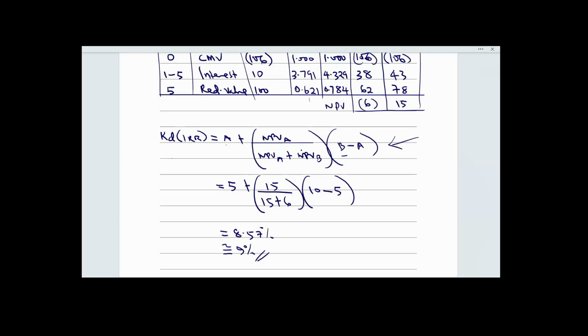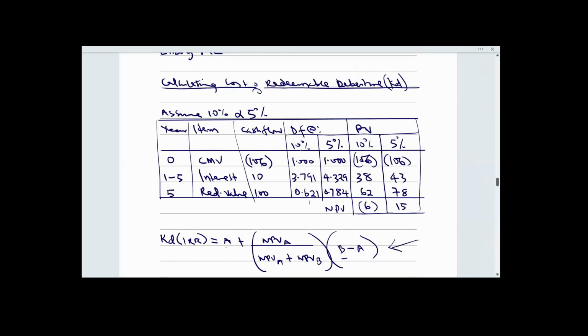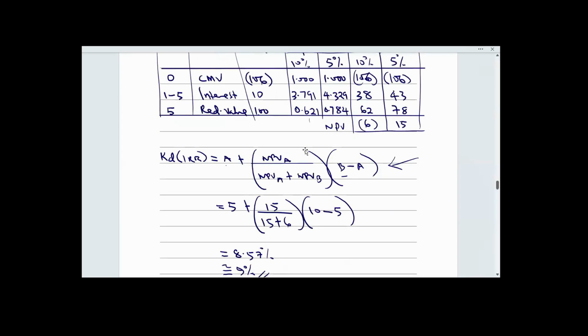Look at our calculation of NPV, we assumed 10% discount and also 5% discount. 10% is higher than 5, isn't it? Yes, sir. So that's how we got the 10 and 5. B is 10%, A is 5%. I believe it's clear now.